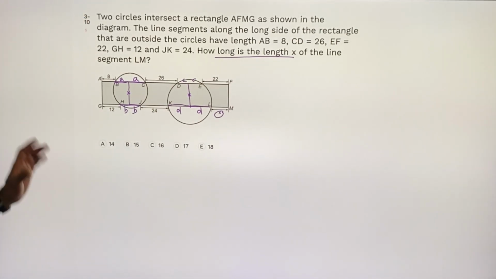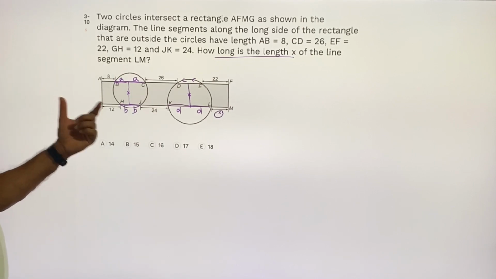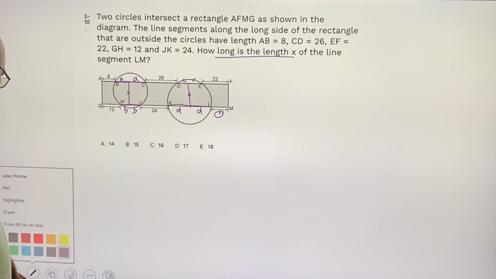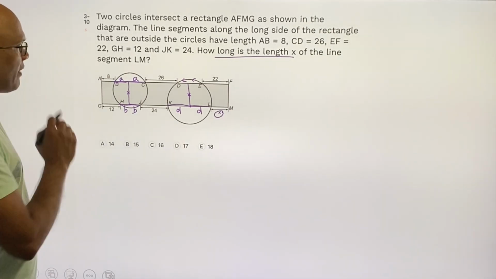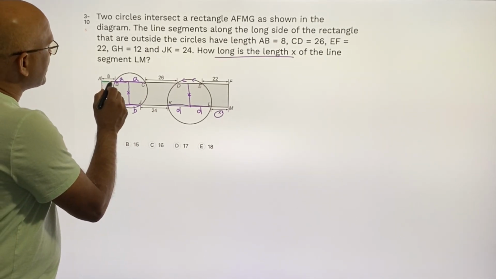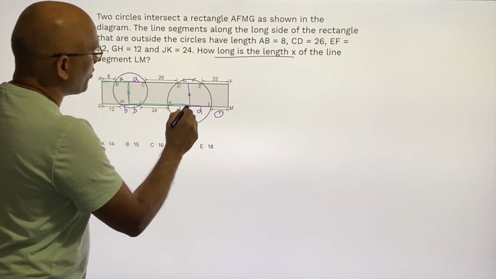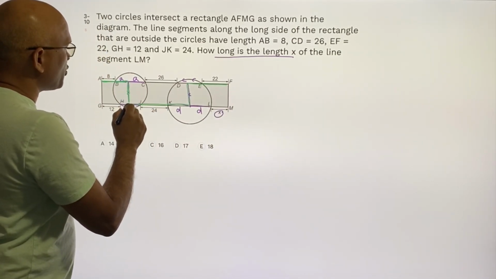Now I will try to add the lengths and see if I can figure out X. Let me use a different color. The first path that I'm going to travel is if I go like this, come back and go all the way. So this is one path that I'm going to travel.